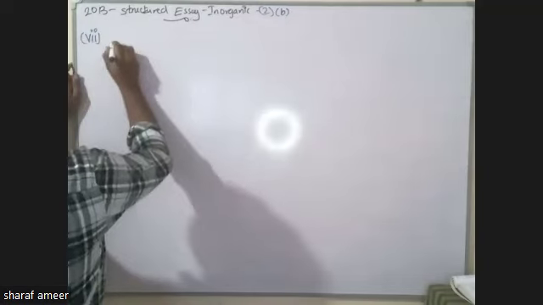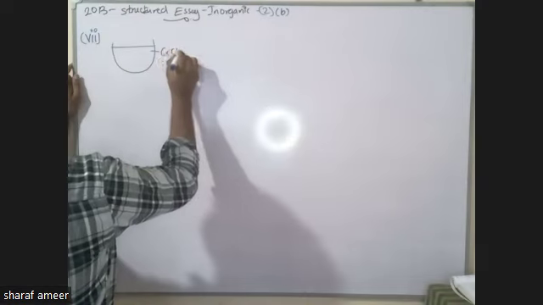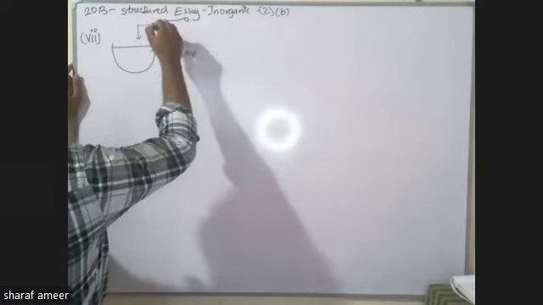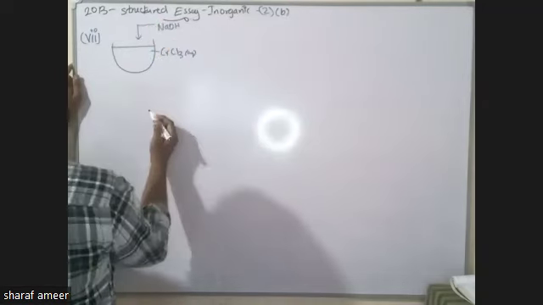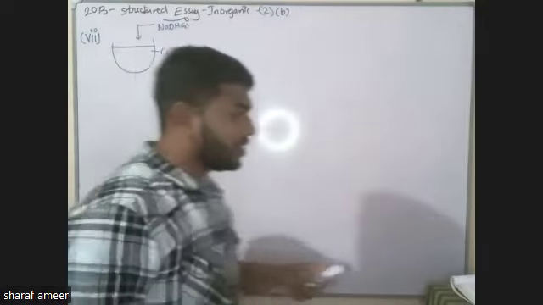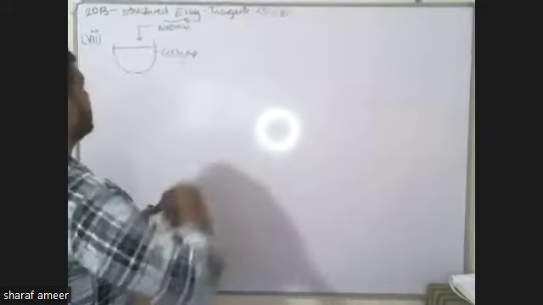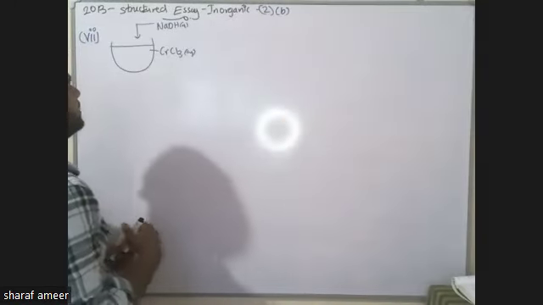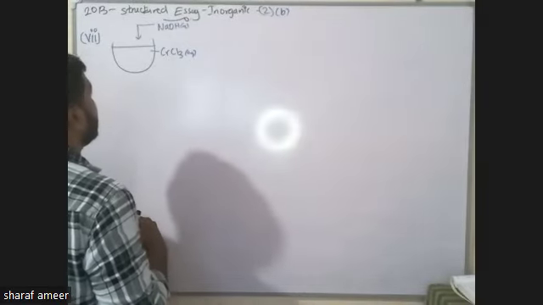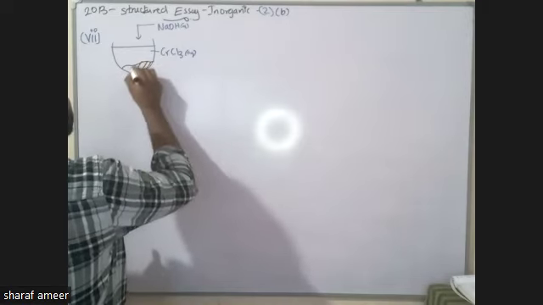So for the seventh question, once you have CrCl3 aqueous solution and you add NaOH in aqueous state, there is going to be an observation. Once you add a few drops of NaOH to this CrCl3 aqueous solution, there is going to be a precipitate formation.